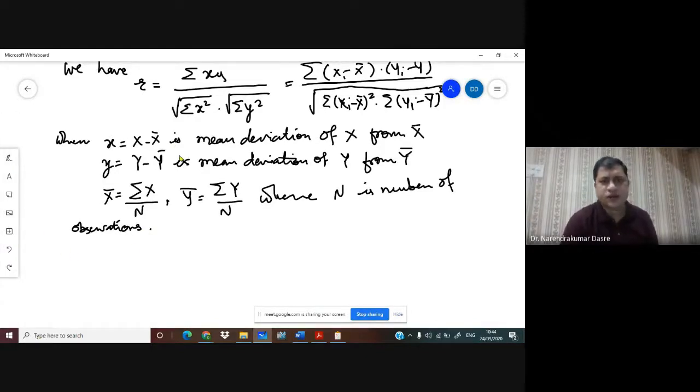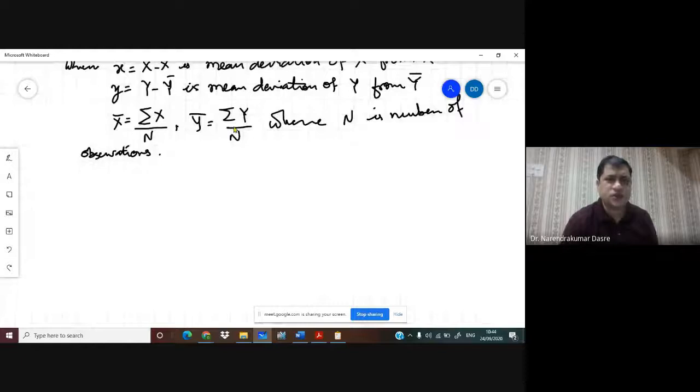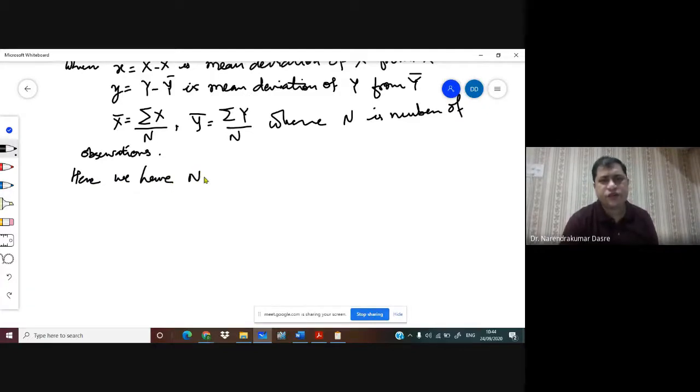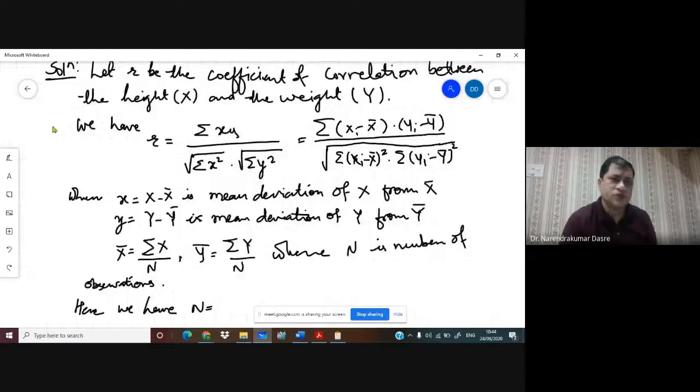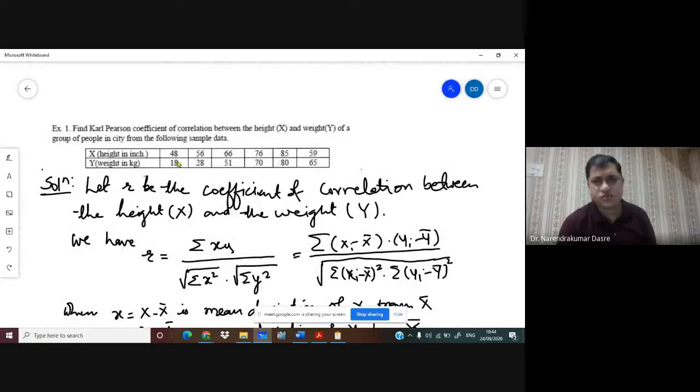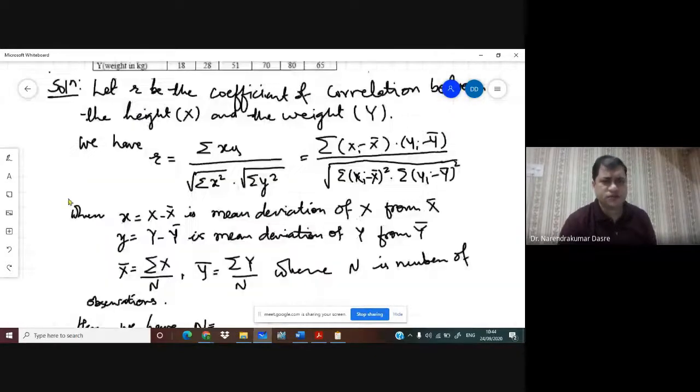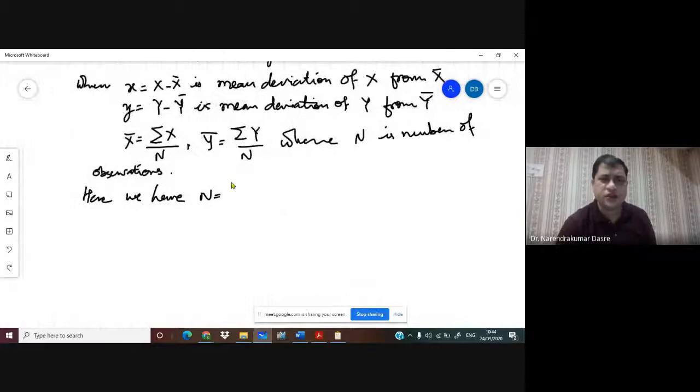So after having all these terms here, we need n, which is the number of observations given in the problem. So we need to check how many observations are there. We have 1, 2, 3, 4, 5, and 6. So here the value of n is going to be 6.